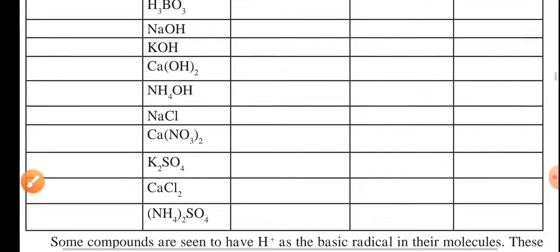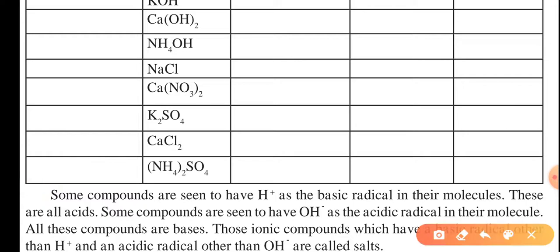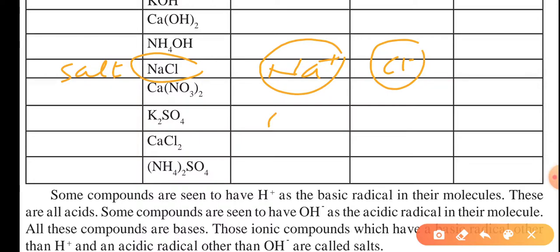We will move forward. Now come to this point. This is NaCl, that is a salt, sodium chloride. It gives Na plus and Cl minus. When it does not give H plus and OH minus ions on dissociation, it is called a salt.